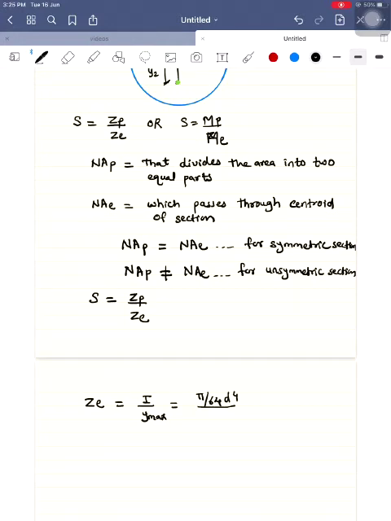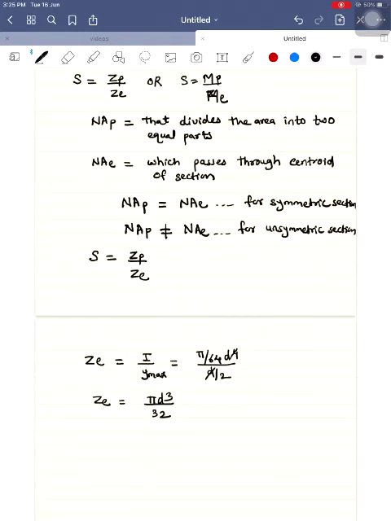Y max is equal to d by 2. This d and this d will get cancelled. Elastic sectional modulus is equal to pi d cube upon 32. This is elastic sectional modulus.